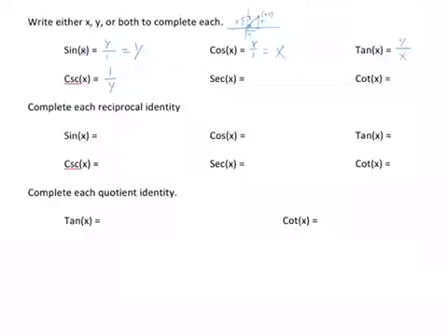So now it says complete the reciprocal identity. The reciprocal identity is just saying the idea here is that this is the same thing as 1 over cosecant of x, and this is the same thing as 1 over sine of x.